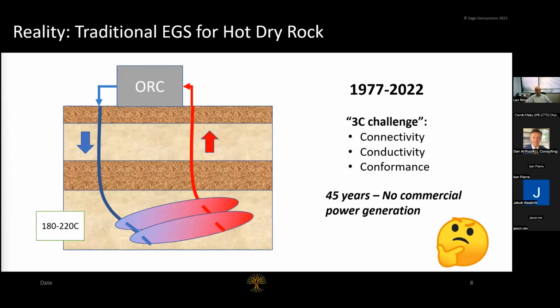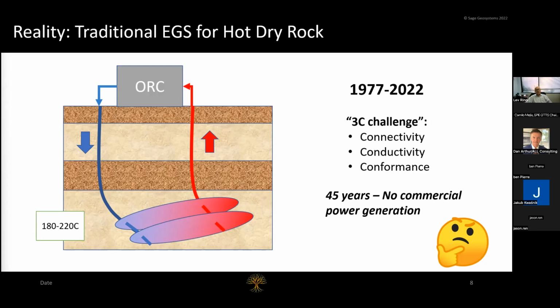So why? For almost 50 years, people have been trying to implement what is known as enhanced geothermal systems. And as I said, you drill 2 wells, you frack between them, you circulate fluid, and you convert it.